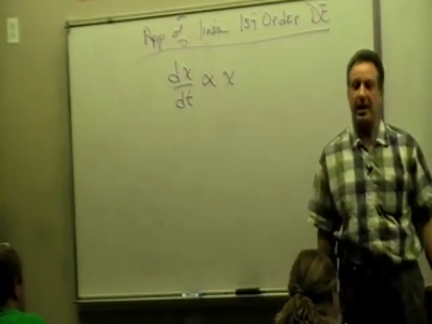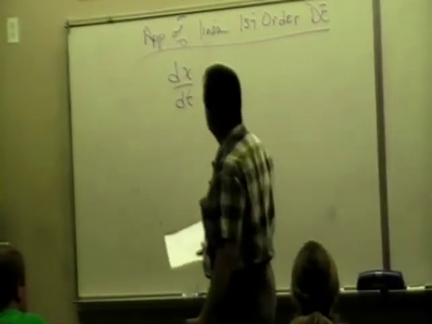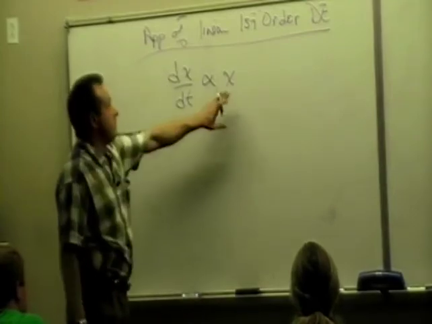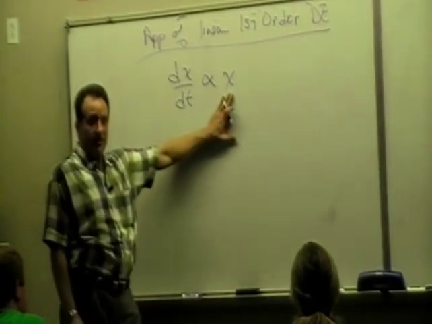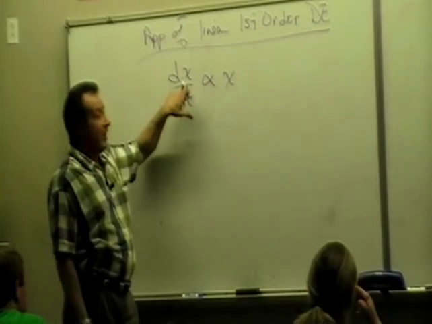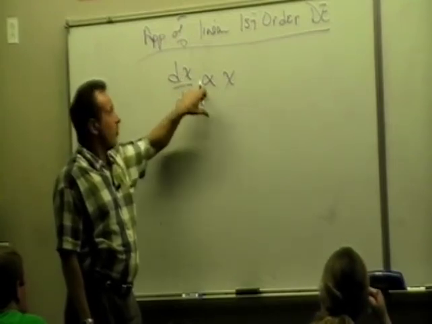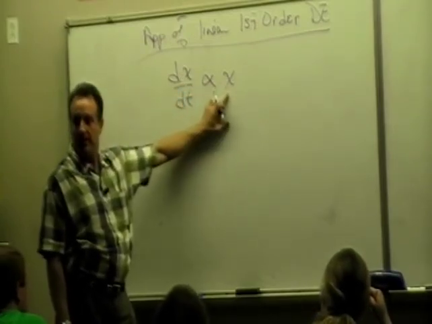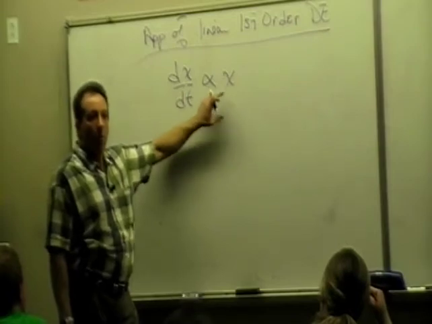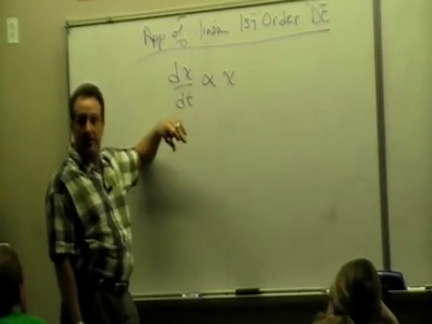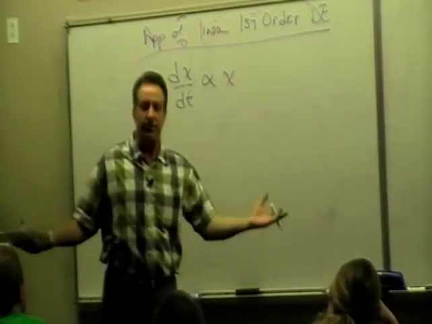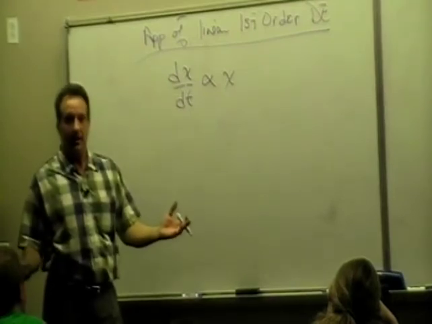This happens all the time in nature. For example, in population growth, let X equal the population, the growth of the population is proportional to the amount of population you have. The more people you have, the faster the population grows. Why? Because you have more people to procreate, right?